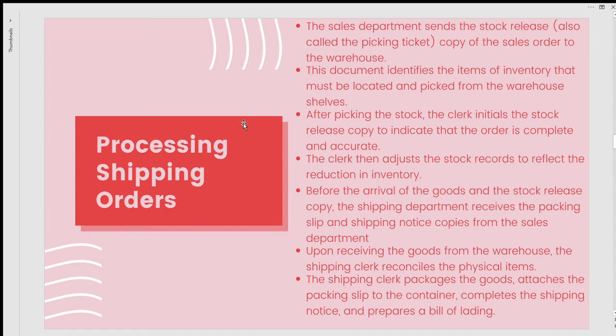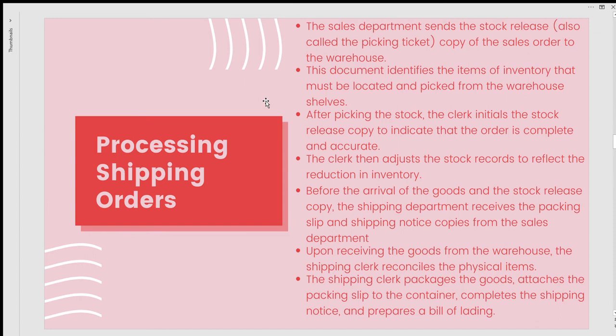Okay, so yung isa sa mga copy ng stock release is pupunta din siya sa kasama ng goods sa shipping department, and then yung isa naman is ipa-file sa warehouse para makapag-provide sila ng record ng transaction for future references. Okay.